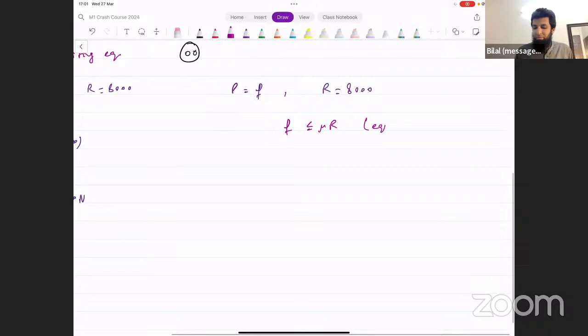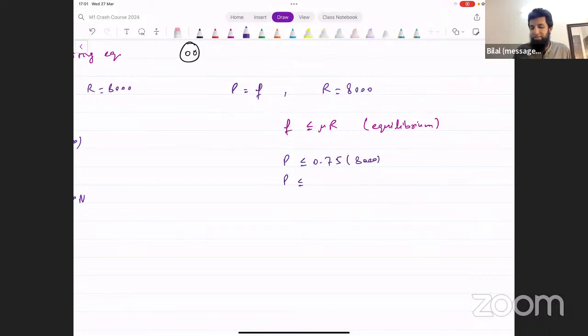Because we are in equilibrium, and we do not know whether this equilibrium is limiting or non-limiting. We can just input values here. Friction is P, that's less than or equal to mu, which is 0.75, into R, that's 8,000. So from this, we could get directly that P is less than or equal to 6,000 Newton. That could be another way of thinking about this. You could get that inequality from this directly.